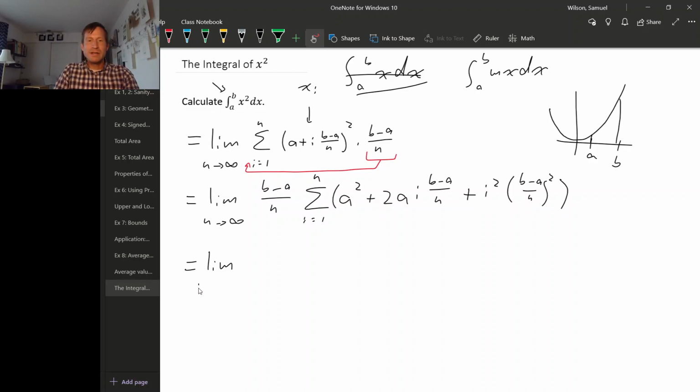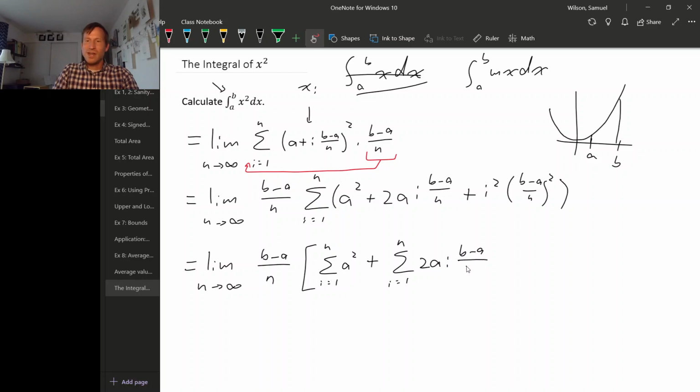So that's going to give us limit as n goes to infinity of (b minus a) over n times the sum from i equals 1 to n of a squared, plus the sum from i equals 1 to n of 2ai times (b minus a) over n, plus the sum from i equals 1 to n of i squared times ((b minus a) over n) squared. Okay.